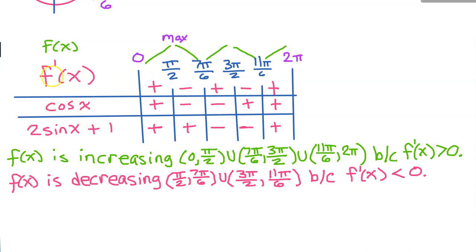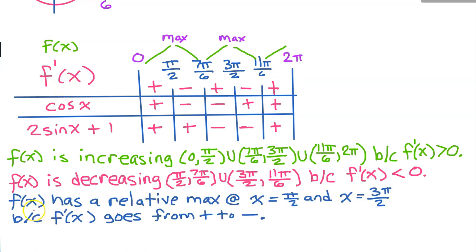All the work we've done has been using the first derivative test. So you have to use the first derivative in your justification, like this. You have to say f of x has a relative max at x equals pi over 2 and 3 pi over 2 because f prime goes from positive to negative.